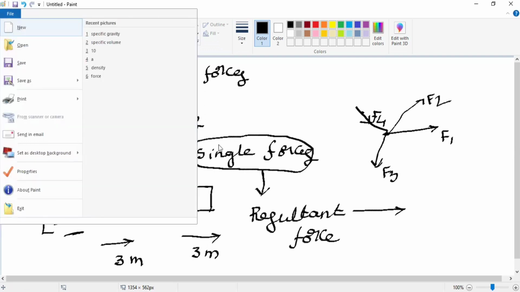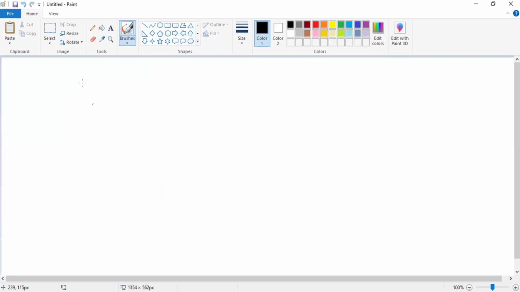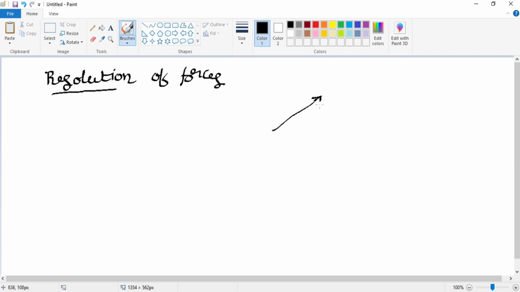Now let us discuss one more important method, that is resolution of forces. Previously, in the composition of forces, two or more forces were replaced with a single force. But in the resolution of forces, let us consider a force F, having some angle of inclination with the horizontal, that is theta.